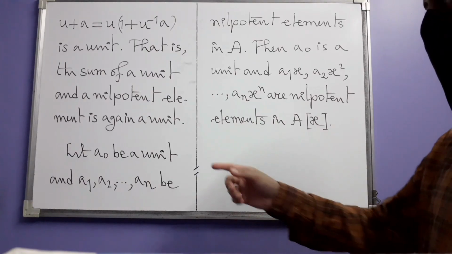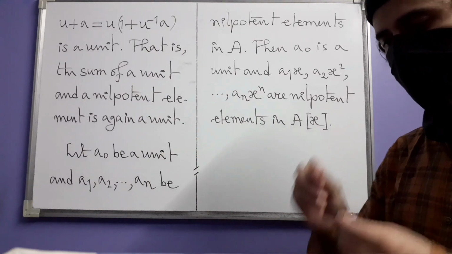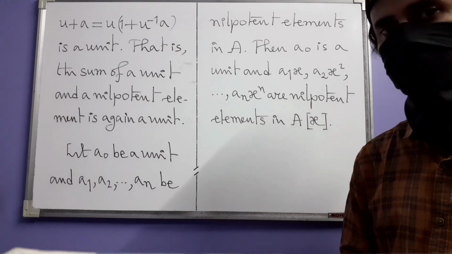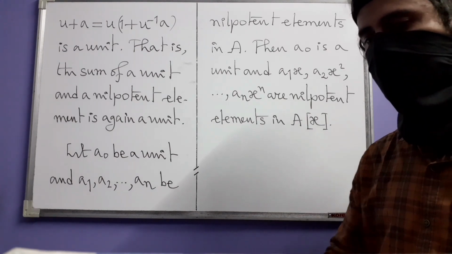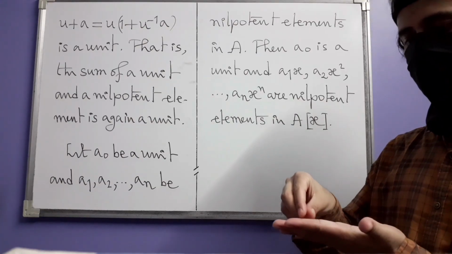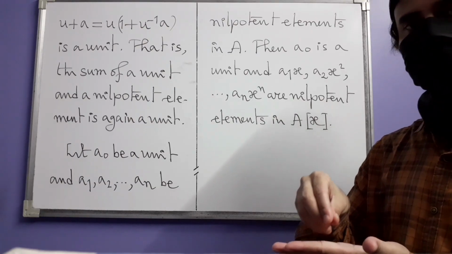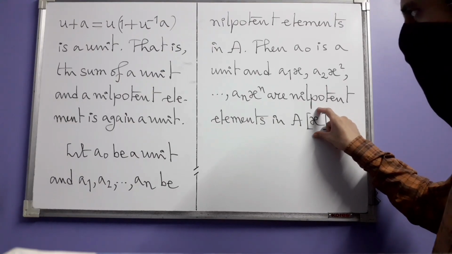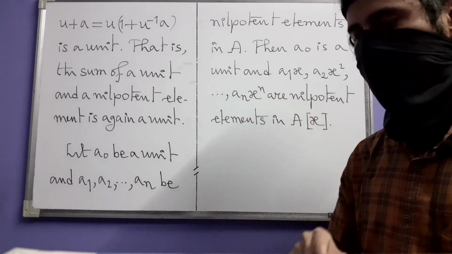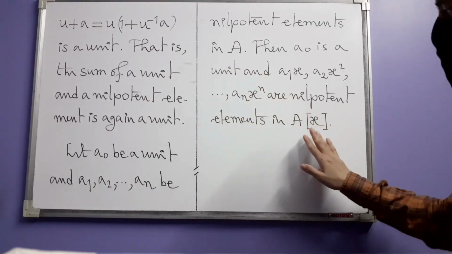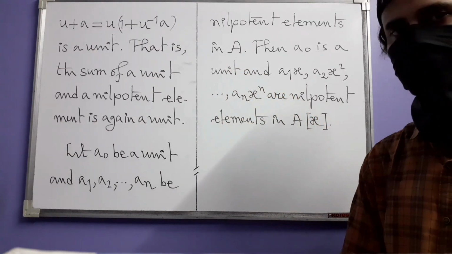But you can think of a0 and c as elements in the larger polynomial ring also, which contains A as a subring. So this equation a0 times c is equal to 1 is also an equation here, and that tells us that a0, just like it's a unit in A, is actually also a unit in A[x].